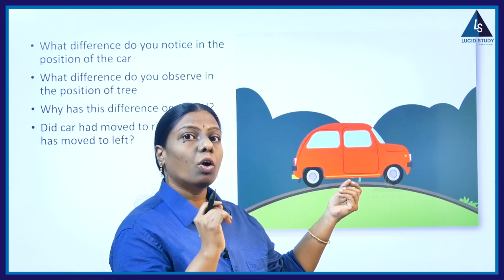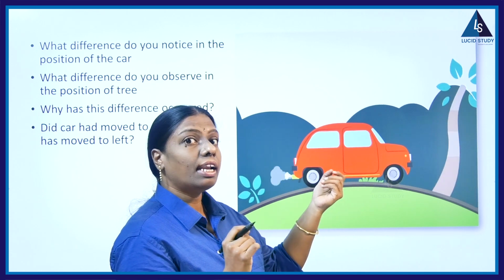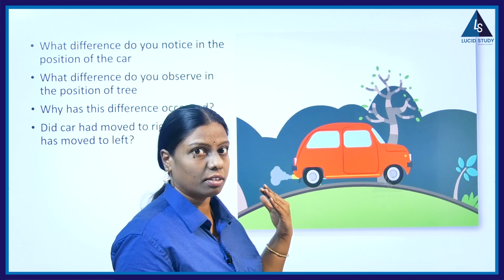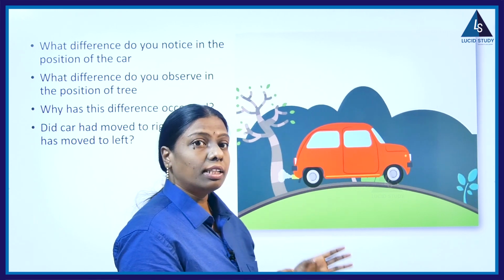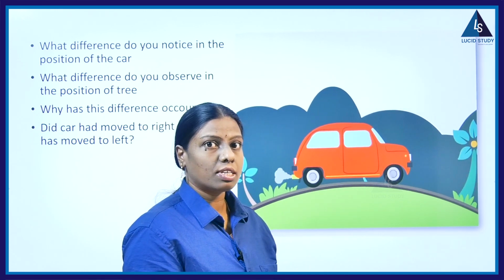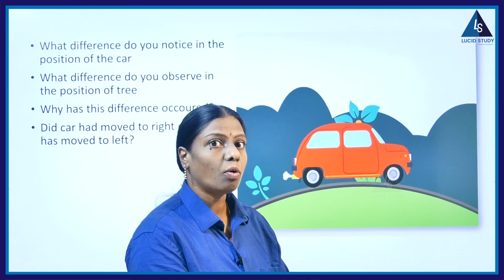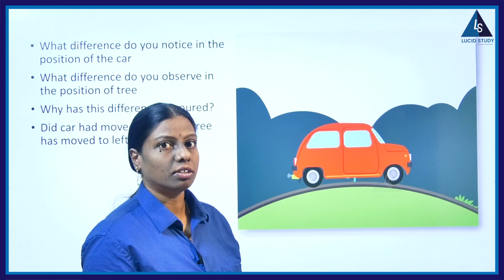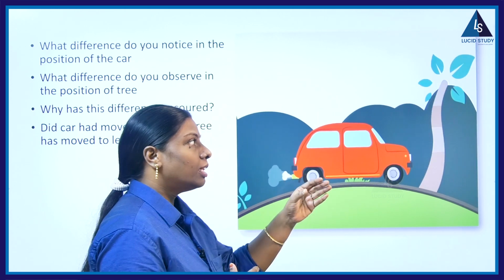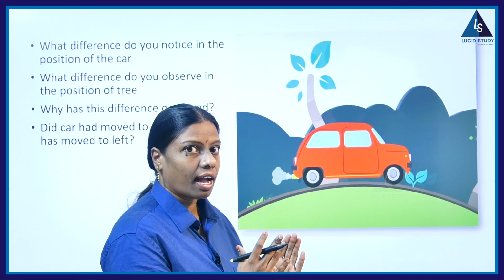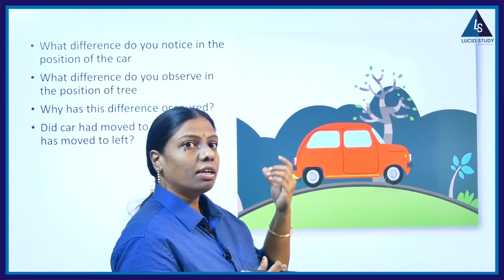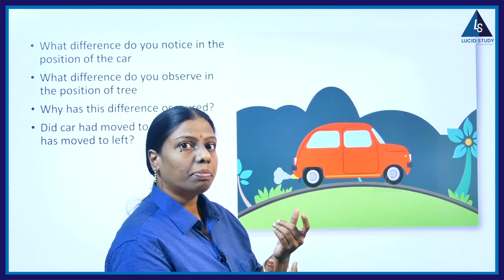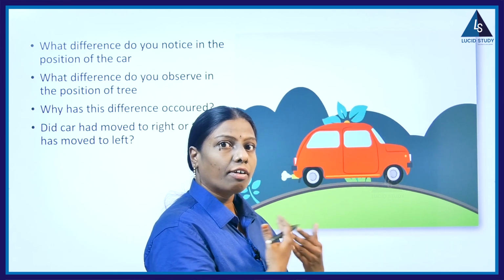For the person who is sitting in the car, the tree appears to be in motion. For the person who is standing outside, with respect to the surroundings, the tree appears to be at rest. Repeating, children: for the person who is sitting in the car, the tree appears to be in motion, because with respect to that person, it is moving backward.